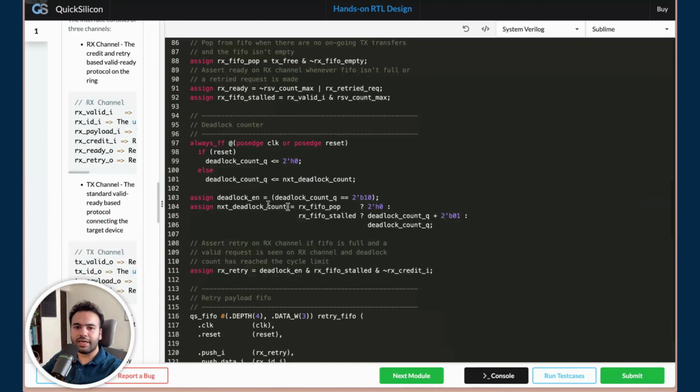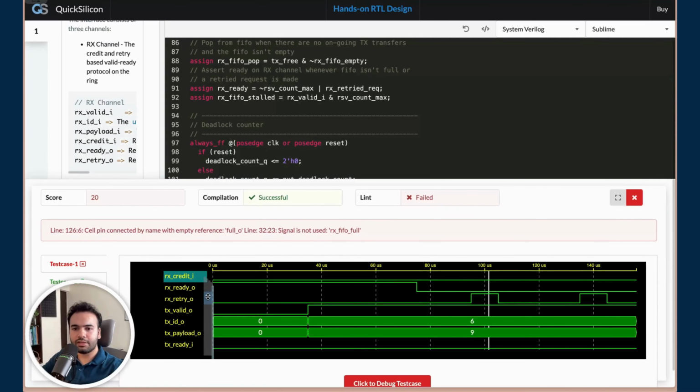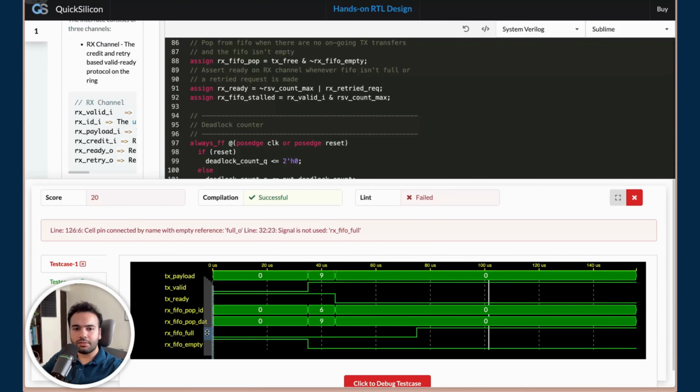Then the general idea is that if both of these conditions are true, the deadlock enable is getting asserted, and the way it is getting asserted is that the deadlock count should be equal to 2'b10. We did see that happen before, so let's take a look at the count value when it got asserted on this particular cycle itself.